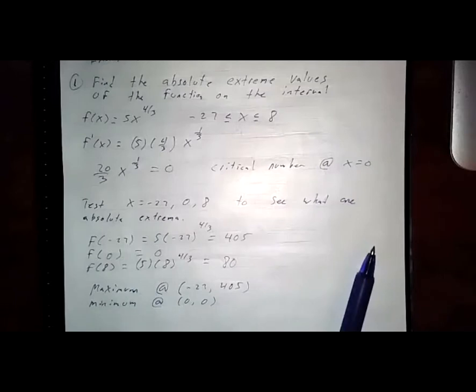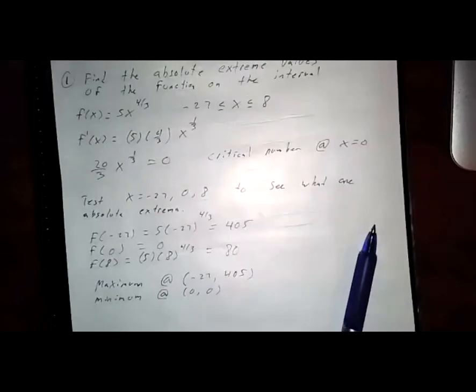And if we were to graph it, what's up? I got negative 405. It should be positive. Check your parentheses. And the -27 is one of the maximum numbers.